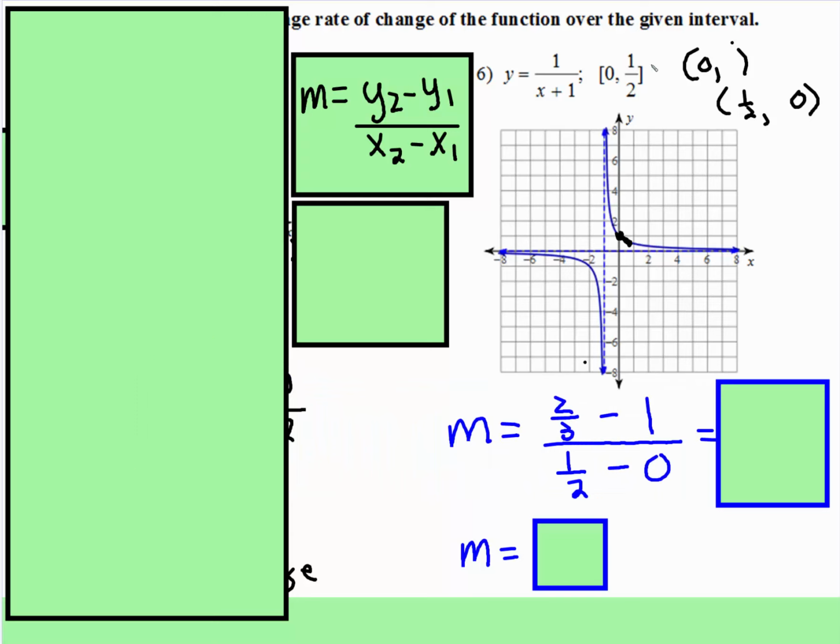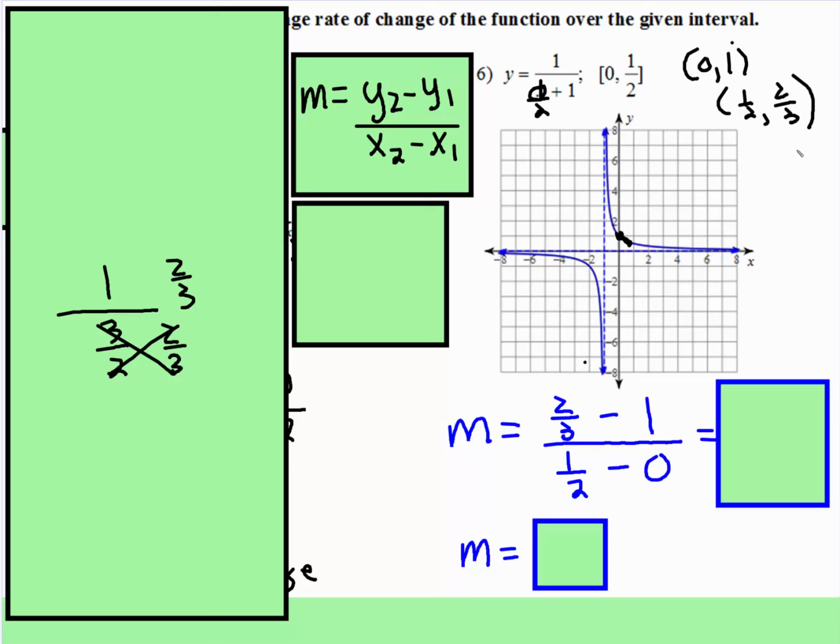When we plug 0 in, 1 over 1 is 1. When we plug 1/2 in, 1/2 plus 1 is 3/2. So 1 over 3/2, we multiply top and bottom by 2/3. Those cancel, so when we plugged in 1/2, the y value is 2/3.